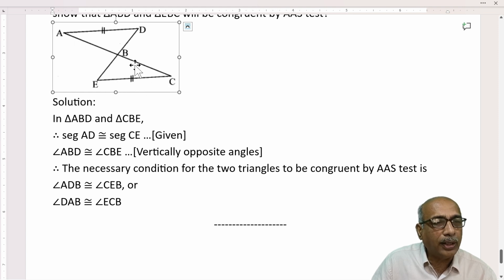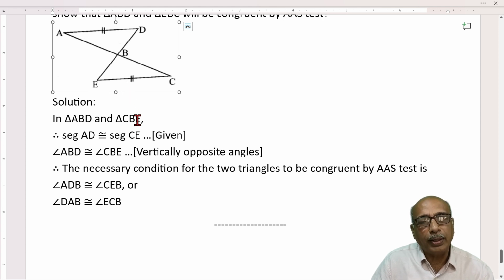These two angles must be congruent, because angle, side, angle, side, this will make the two triangles congruent.